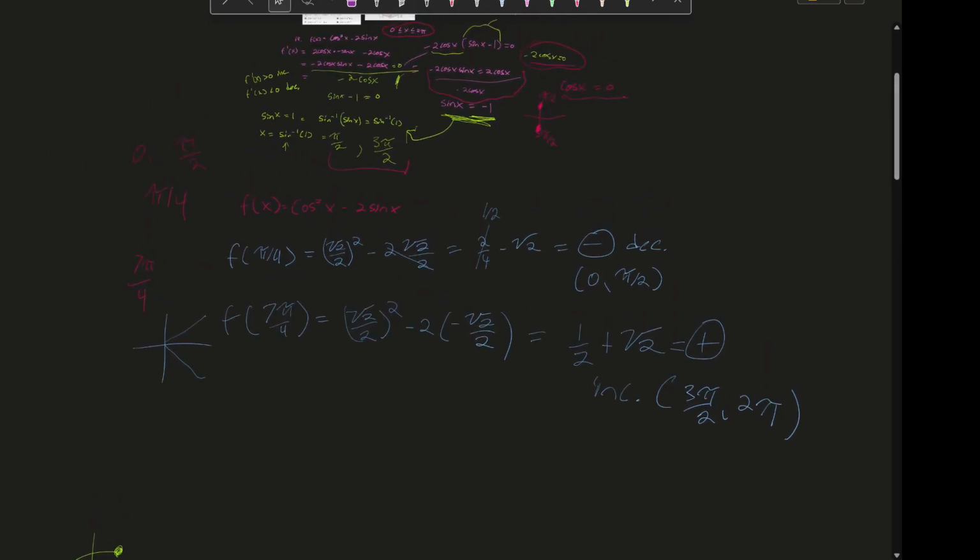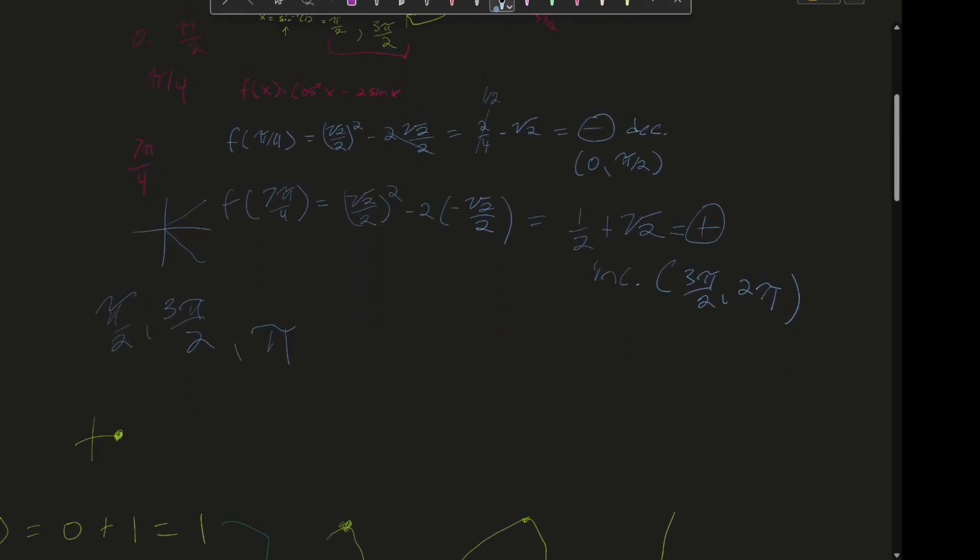So I got one between 0 and pi over 2, and one between 3 pi over 2 and 2 pi. But we need something between pi over 2 and 3 pi over 2, right? So I'm just going to go ahead and say pi. Easy choice.